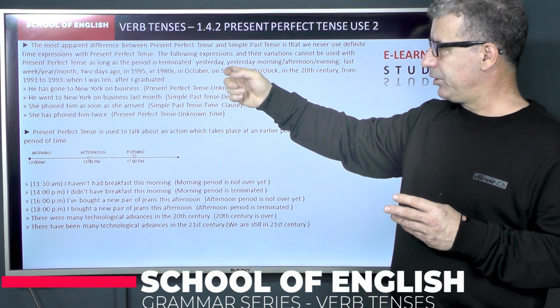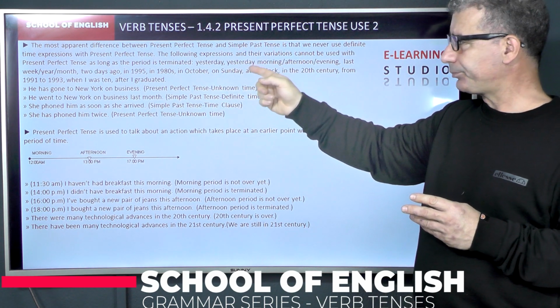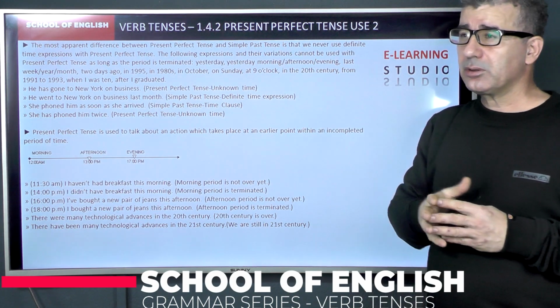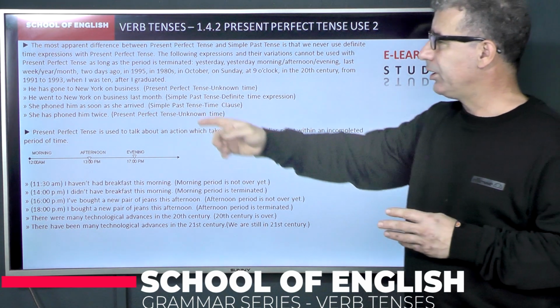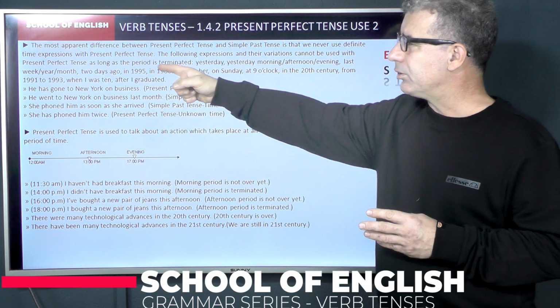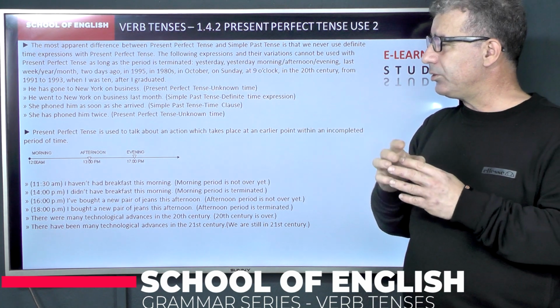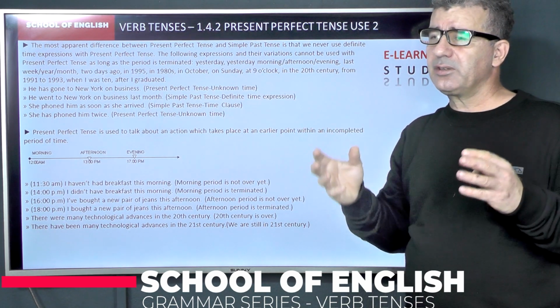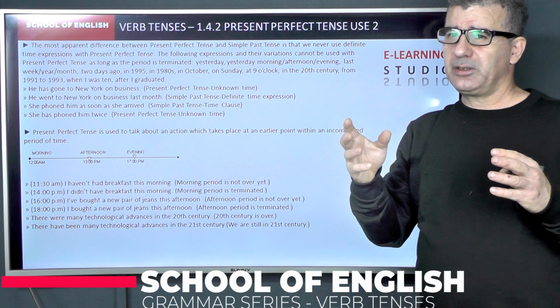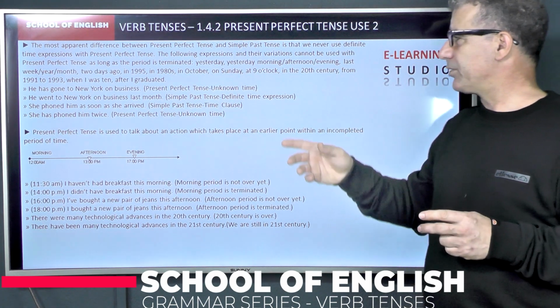These are the expressions that can be used with simple past tense. Because, what is the reason? They indicate termination. If you use them, you talk about a terminated time period, and this cannot be expressed by present perfect tense.